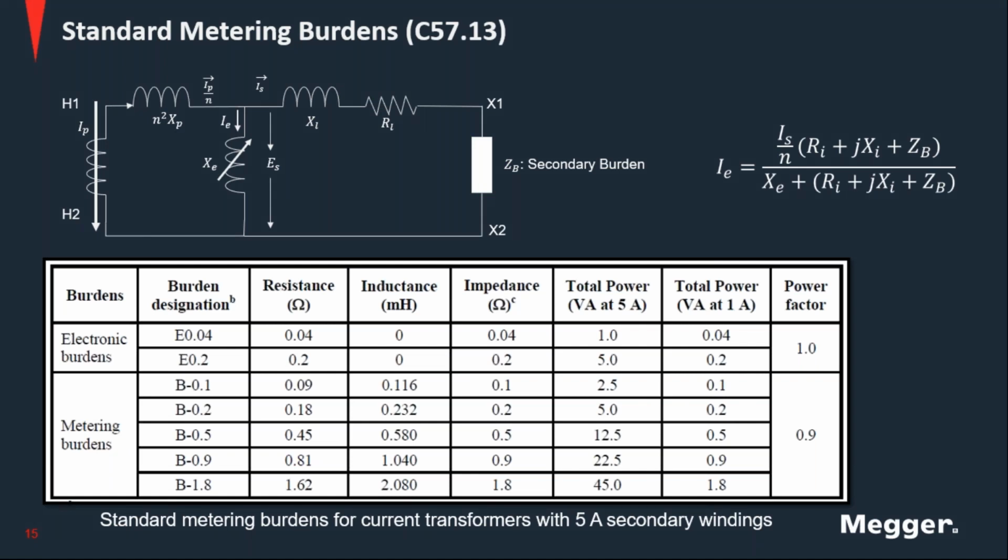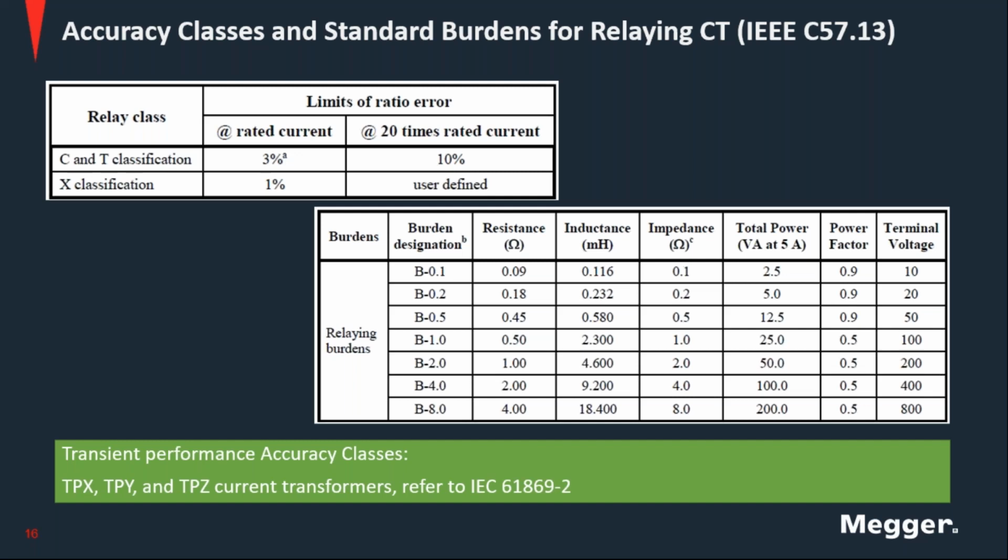And we can see that this burden definitely affects the excitation or the performance of the instrument transformer. We can see that the excitation current is dependent on the burden connected to its terminals. So it is very, very important to measure it and use it for the assessment.